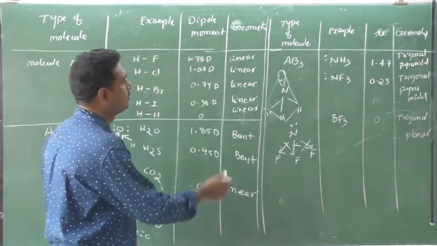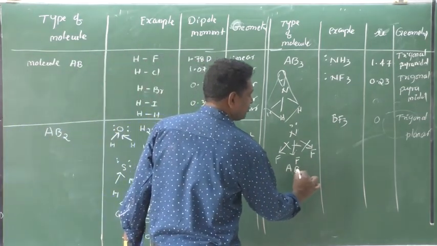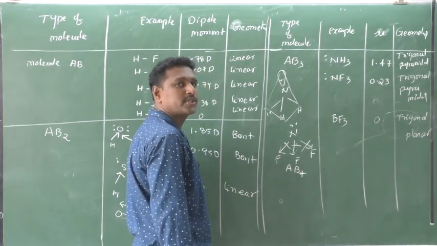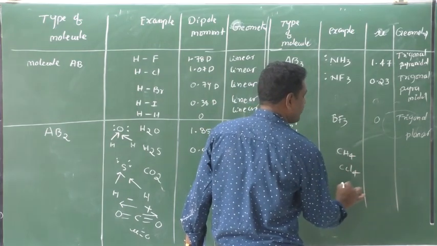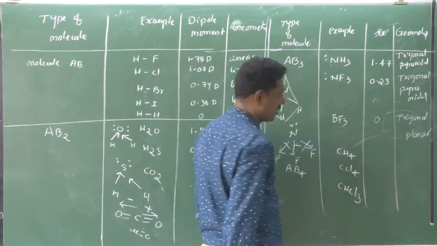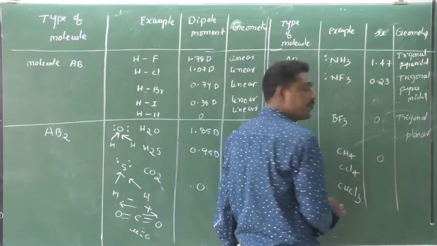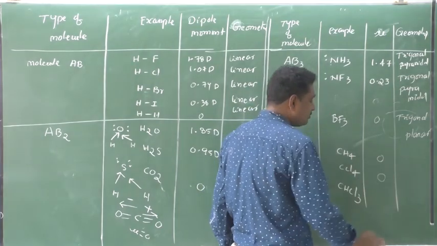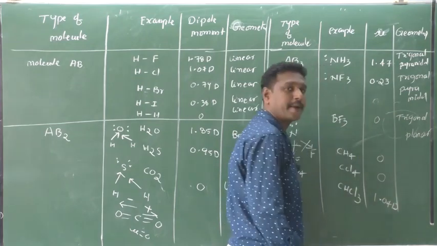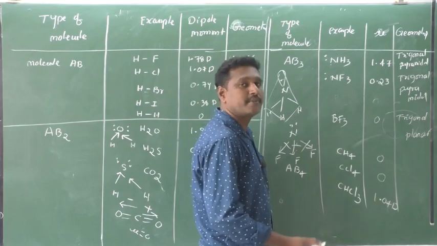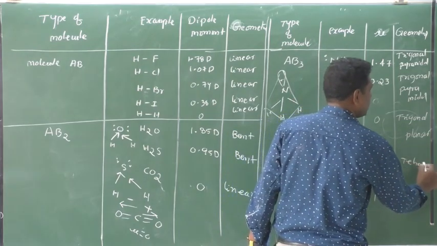Now AB4 molecules. Examples are CH4, CCl4 and CHCl3. Here CH4 is 0, CCl4 is 0, but CHCl3 has a dipole of 1.05. The shapes are the same, tetrahedral.